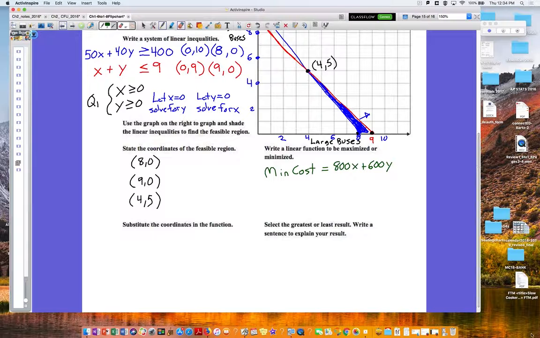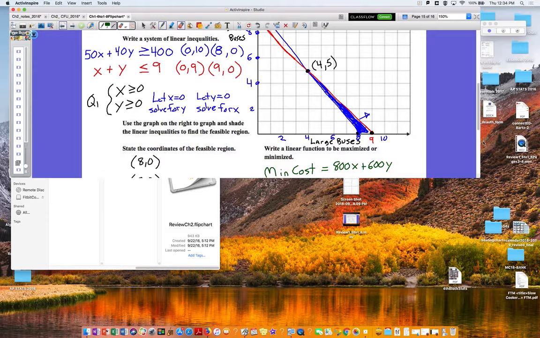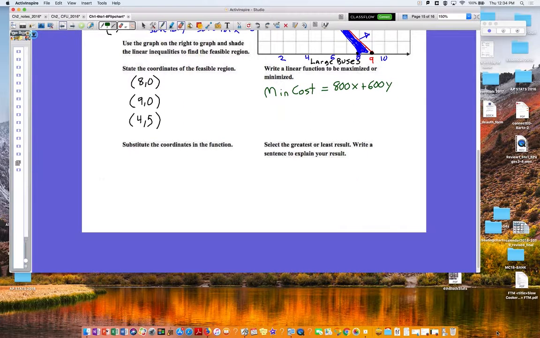So now that I have my equation here, I'm going to substitute in all of these points into this objective function. I'm going to slide this up a little bit so that we can see it better, or it's more in the middle of the screen, easier for me to write. So what I'm doing is I'm going to take these points, 8, 0, 9, 0, 4, 5.